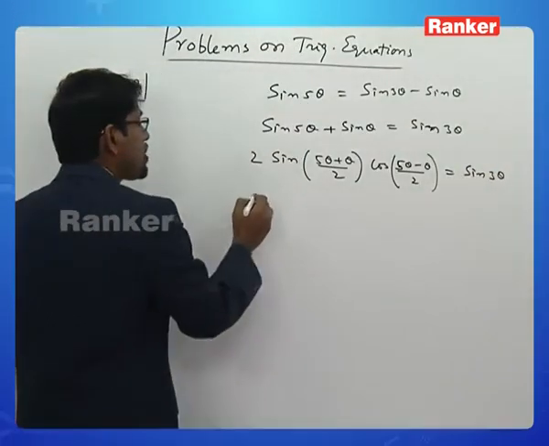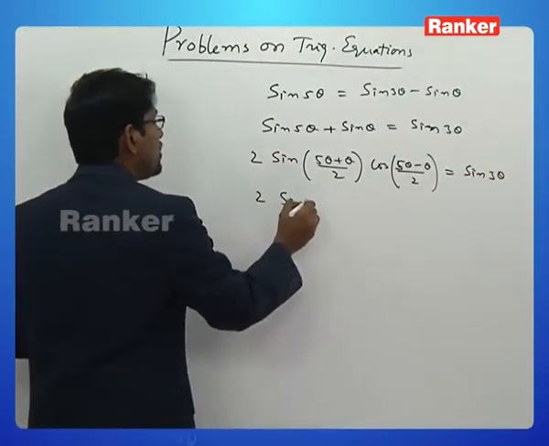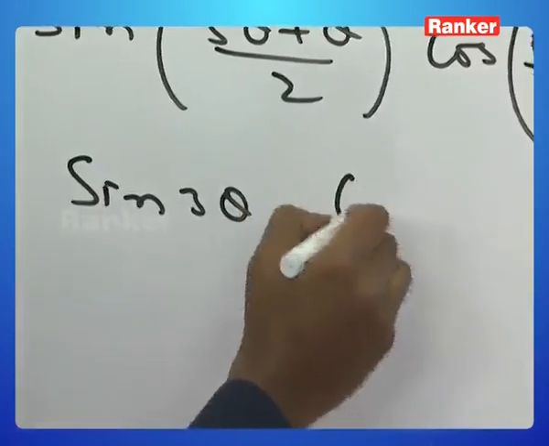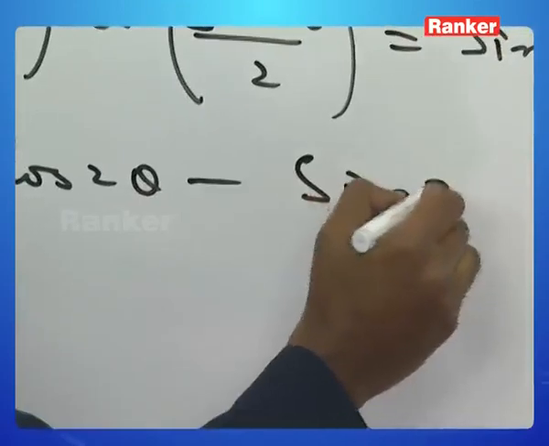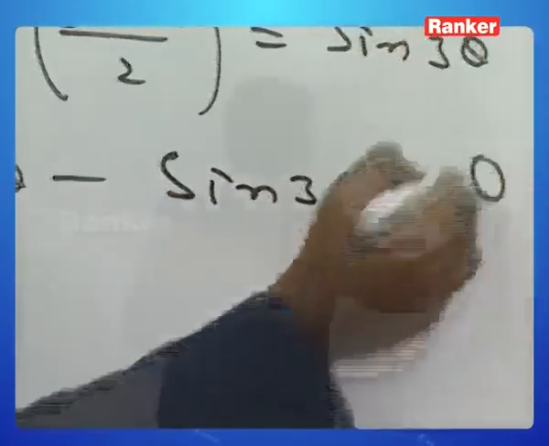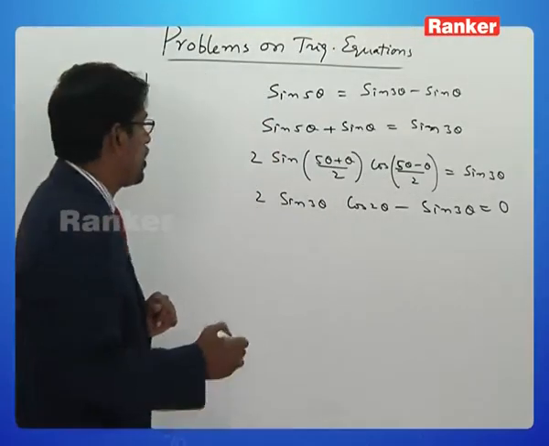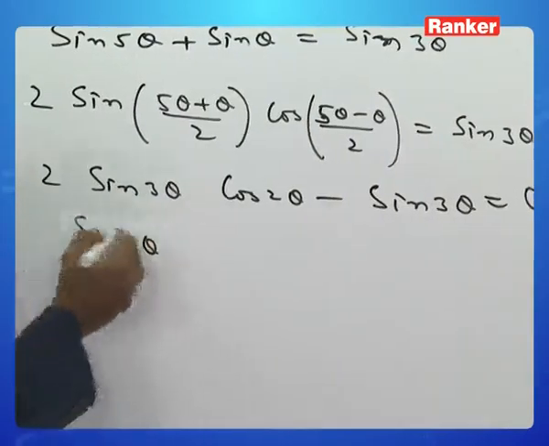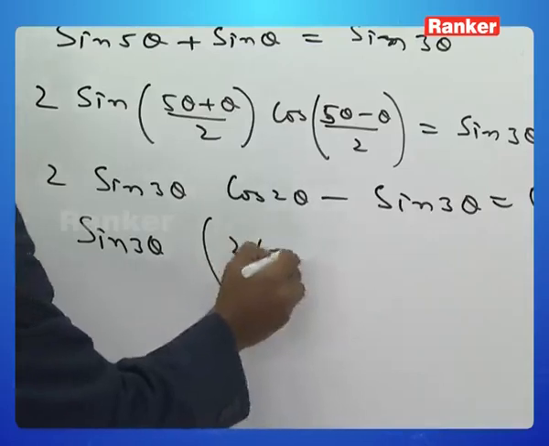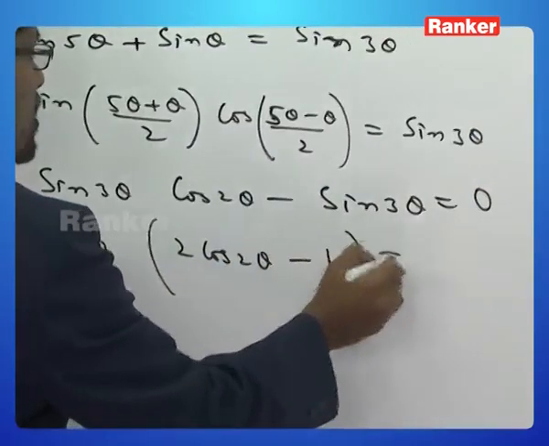So that gives us 2 sin 3 theta into cos 2 theta minus sin 3 theta is equal to 0. I am again transposing the sin 3 theta to this side. We can take out sin 3 theta common and write this as sin 3 theta into 2 cos 2 theta minus 1 is equal to 0.